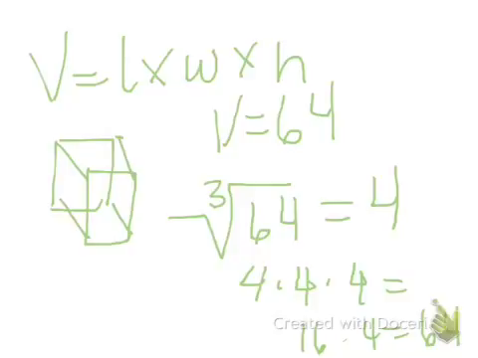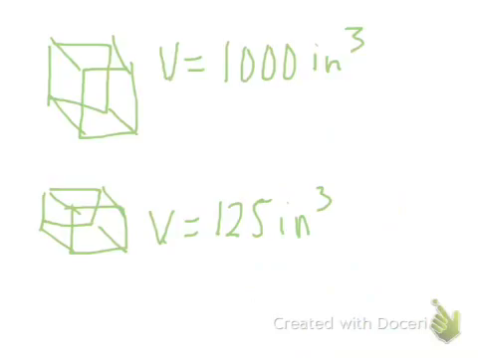But remember your integer rules for multiplication. 2 positives will give you a positive. But if I take an odd number of negatives, like 1 negative, 3 negatives, 5 negatives, that's going to make my answer end up being negative. That is why when you're talking about the cube root of a number, it can be negative.